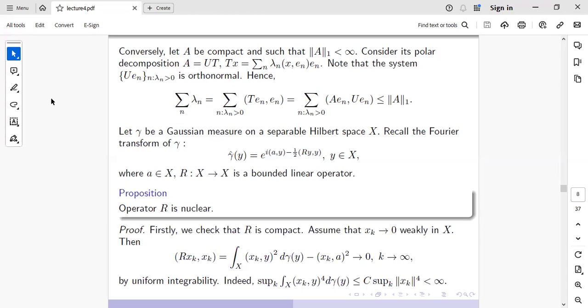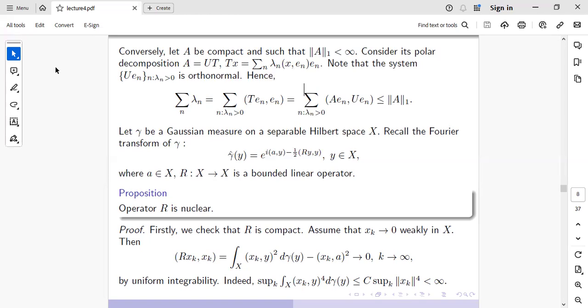At first, we check that it is compact. Again, so assume that we have a sequence of vectors that weakly converge to 0 in X. Then let's find the product (R x_k, x_k). So this is, by definition of covariance operator, equal to the integral of (x_k, y) squared minus (x_k, a) squared.